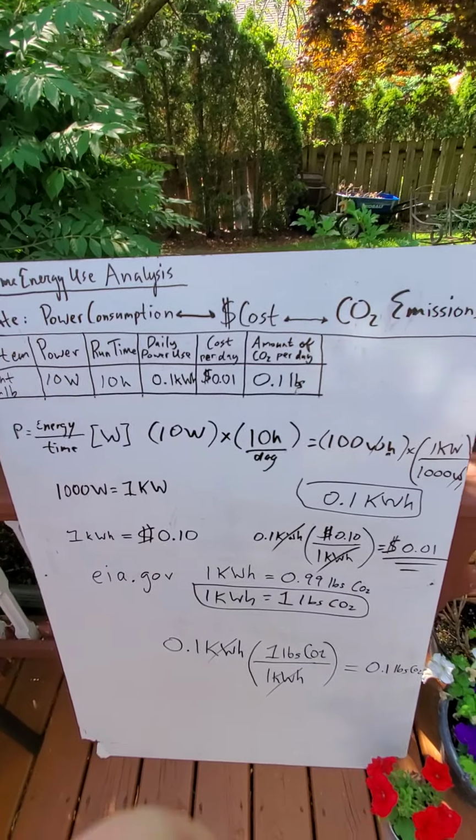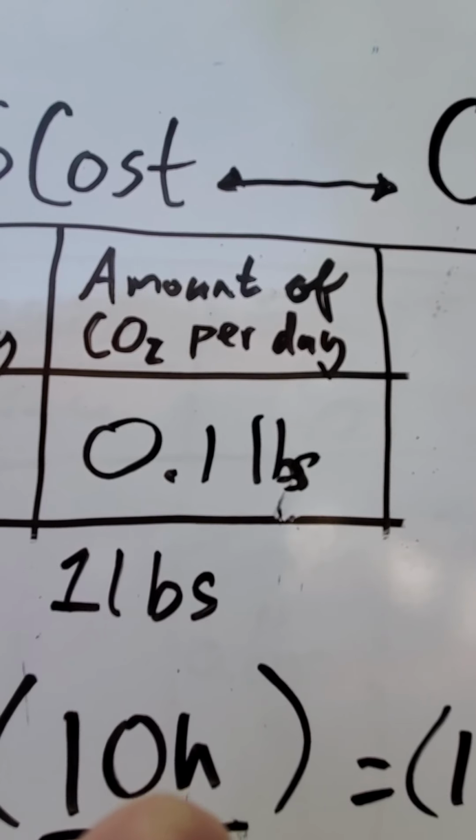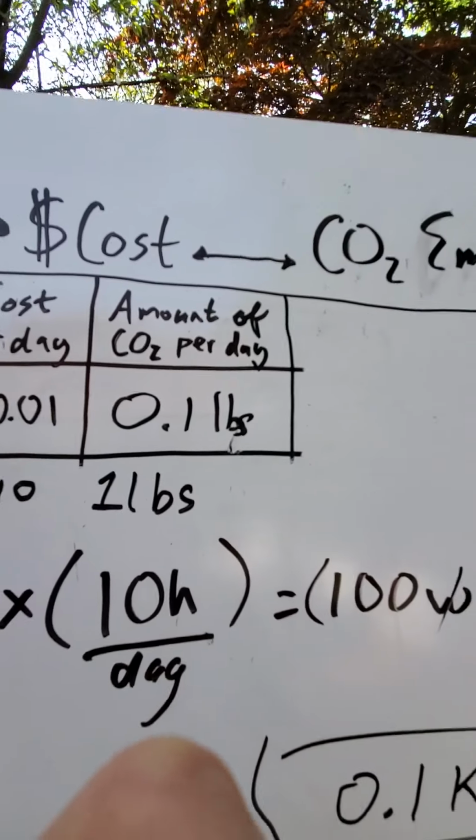This is going to become 10 cents. And this is going to become 1 pound. So if we run this light for 10 days, it's going to use a kilowatt hour of energy, which is going to cost us about 10 cents. And it's going to create about 1 pound of CO2 in the atmosphere.